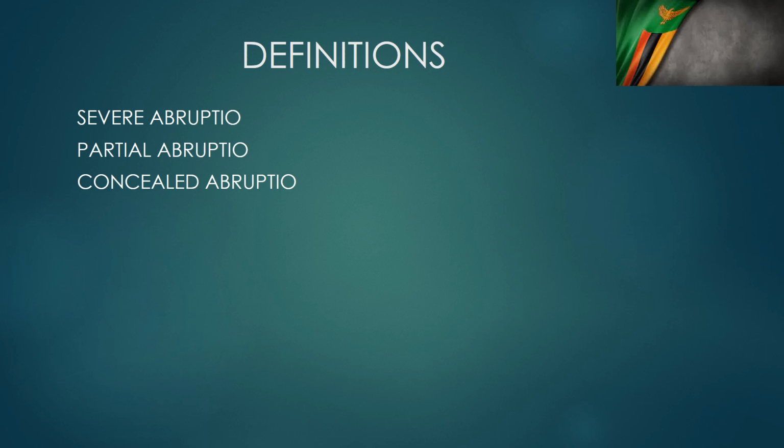In the case of a revealed abruptio, blood seeps through from the placenta in between the membranes and the uterine wall and is then seen coming out of the vaginal opening. So that's the difference between a concealed abruptio and a revealed abruptio. The clinical point on this is that we have a very difficult diagnosis if we have a concealed abruptio, and usually the diagnosis for abruptio is much easier when the bleeding is revealed.